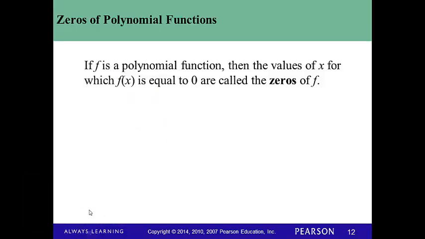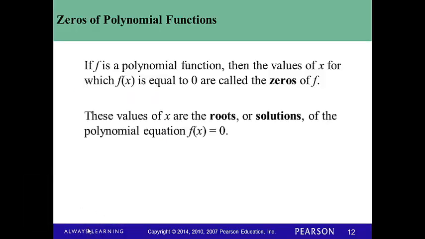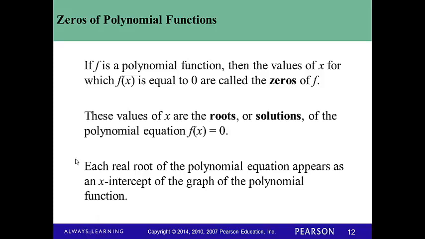Good. All right, now let's talk about the zeros of polynomial functions. If f is a polynomial function, then the value of x for which f of x is equal to 0 are called the zeros. These values are also called roots or solutions of the polynomial function when f of x equals 0.